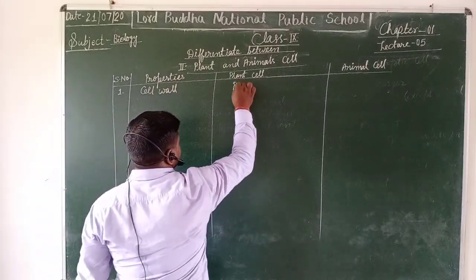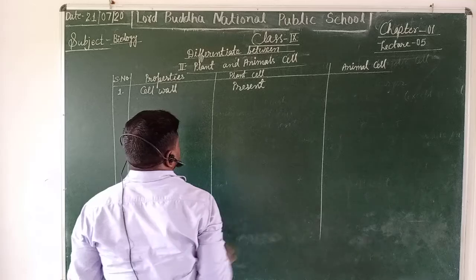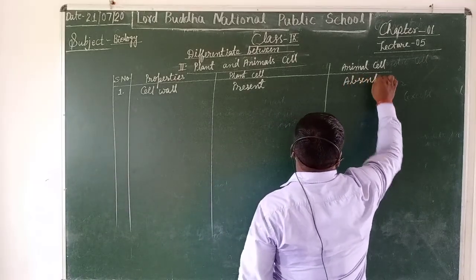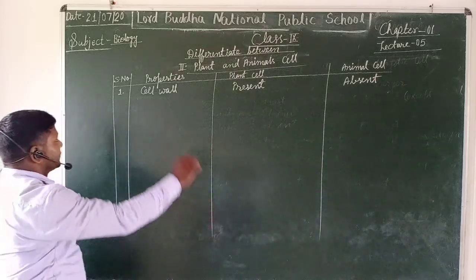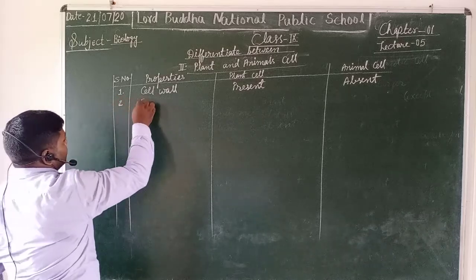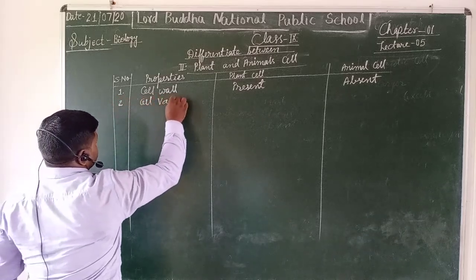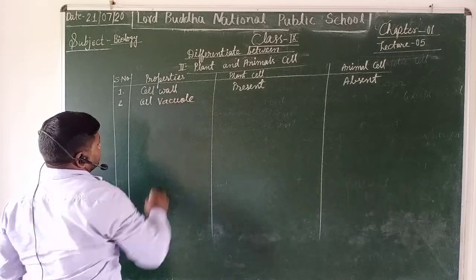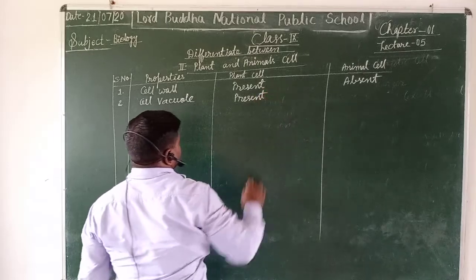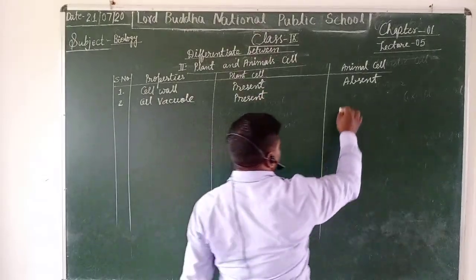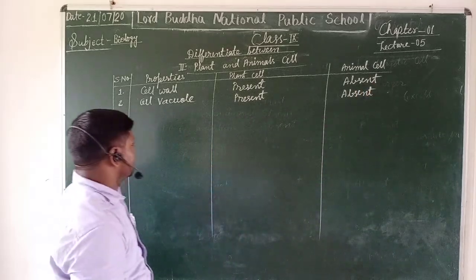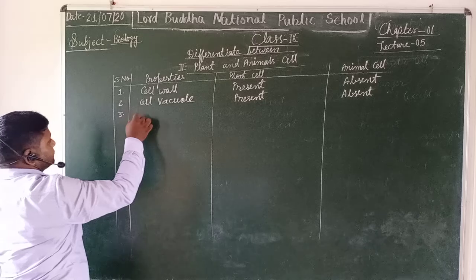It is present in all type of plant cell but absent in animals. Next, cell vacuole. It is present in plant cell near the nucleus but absent in animal cell.